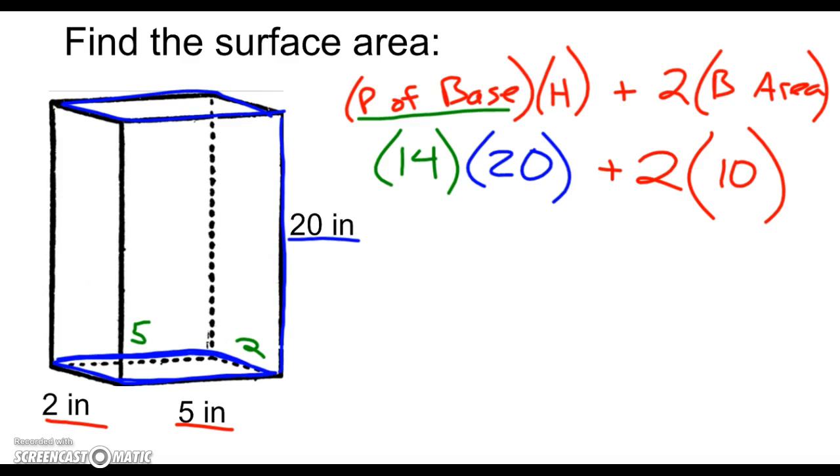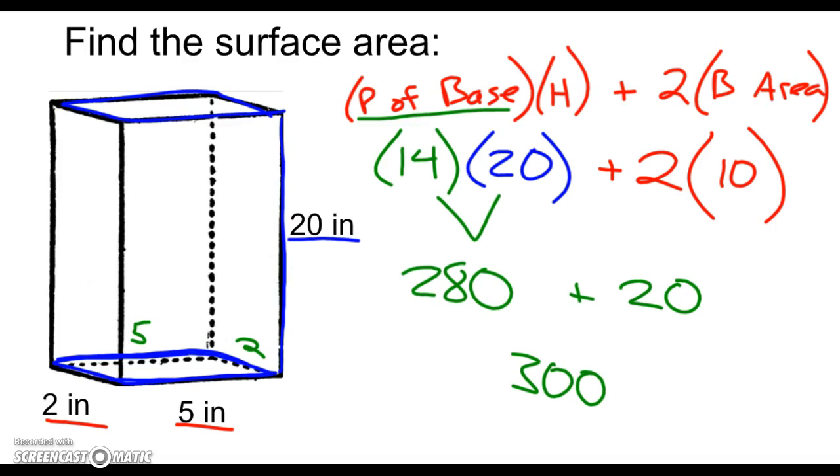So 14 times 20 is the first thing we're going to do, and this comes out to 280. And then we've got 20. Add these together, looks like we get 300, and what was our unit, inches, okay, 300 square inches. The total surface area. Alright.